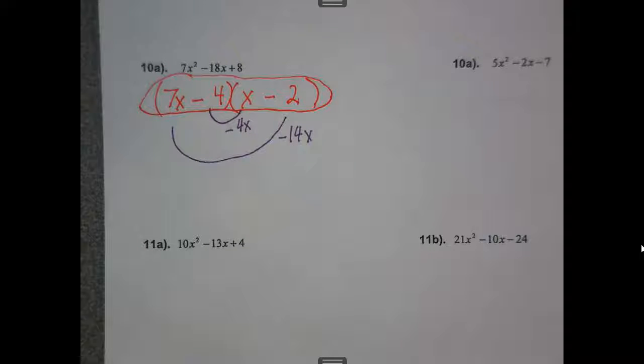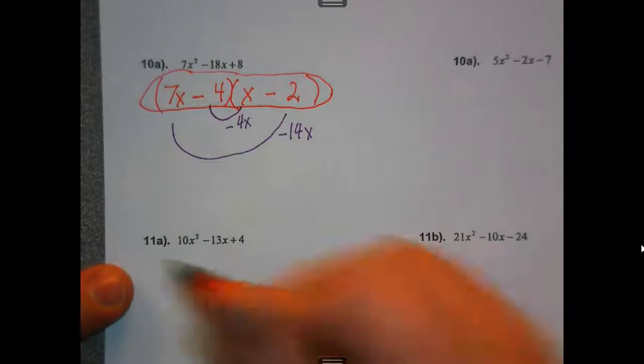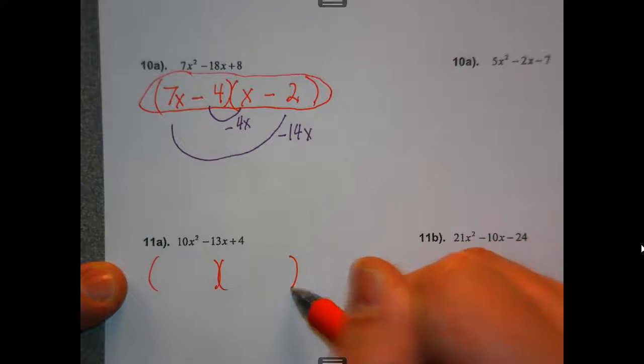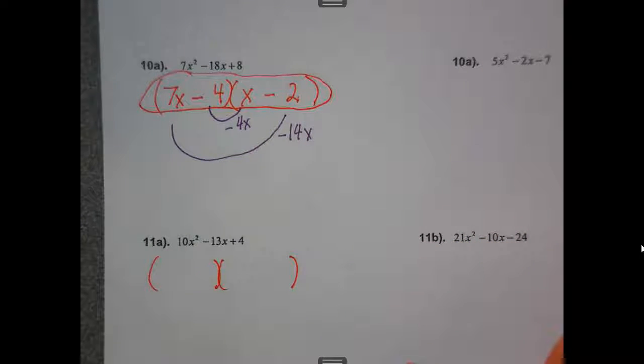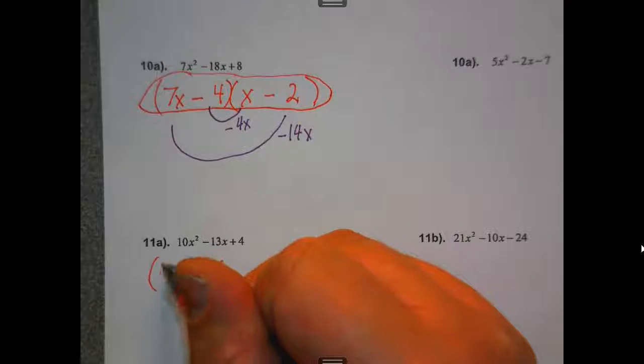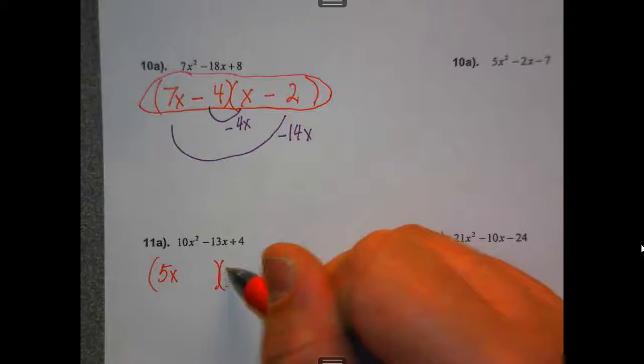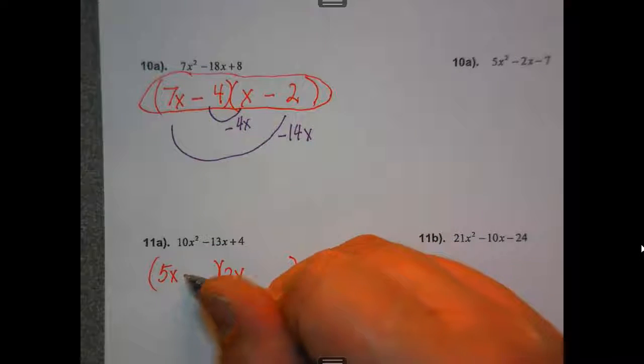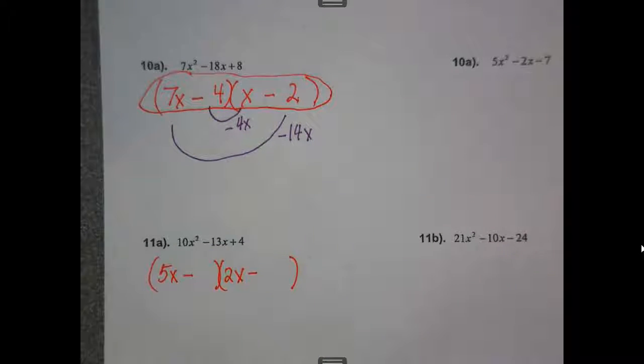Ooh, we have a winner. All right, how about 10x? How do I get 10x squared? Want to try 5 and 2? Okay, 5x and 2x. See, that's a plus, that's a minus, so this has to be minus, right? Factors of 4. 2 and 2, does that work?